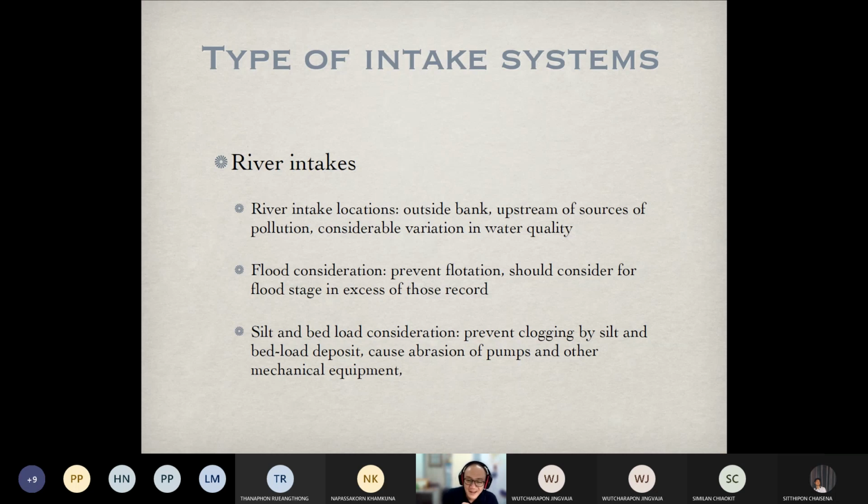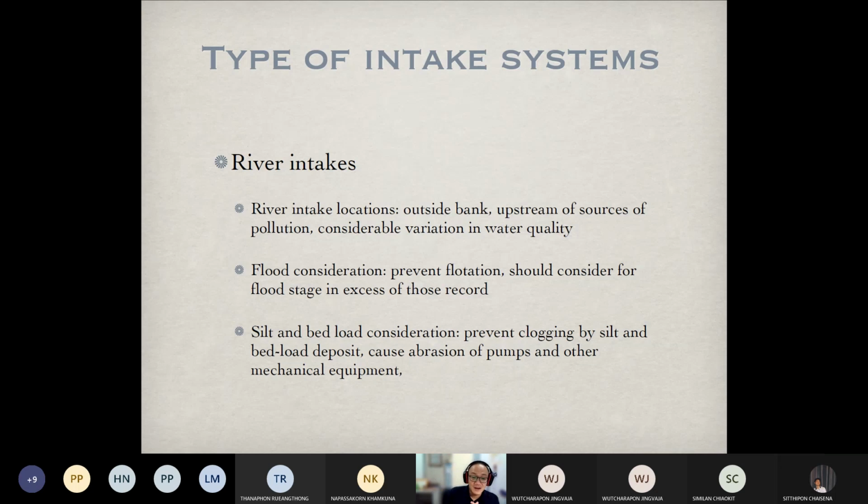Silt and bed load considerations. We have to consider the sediments traveling along with the river, and avoid withdrawing water containing too much silt and sand into the system.